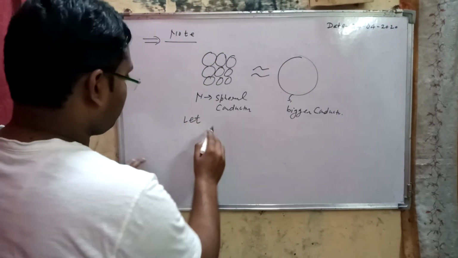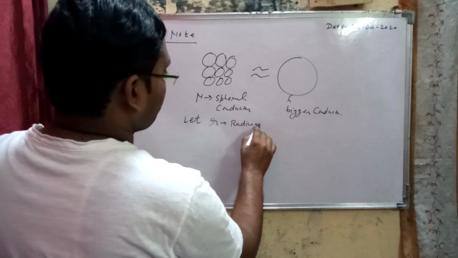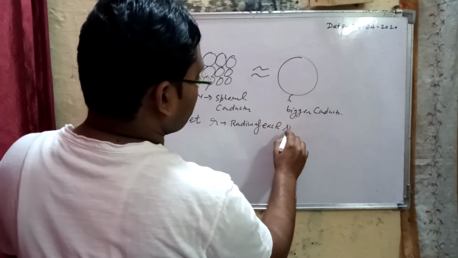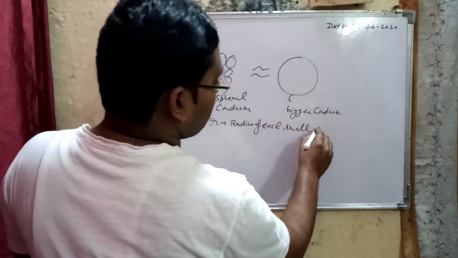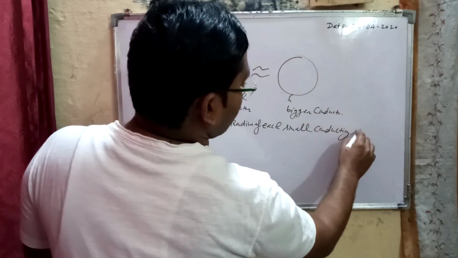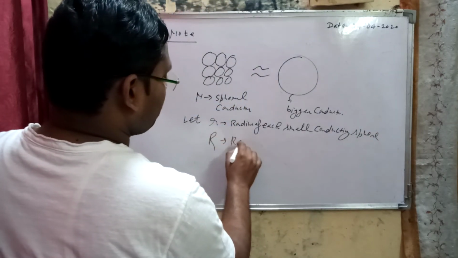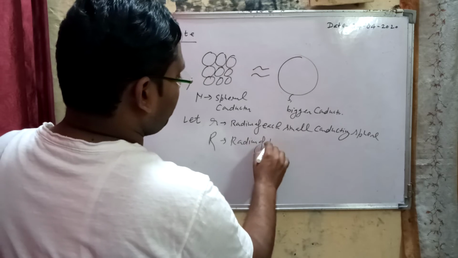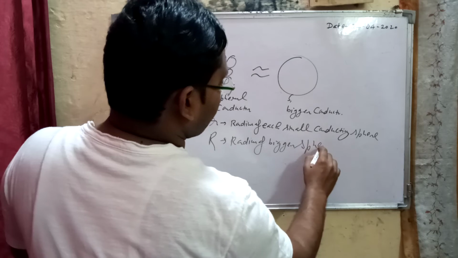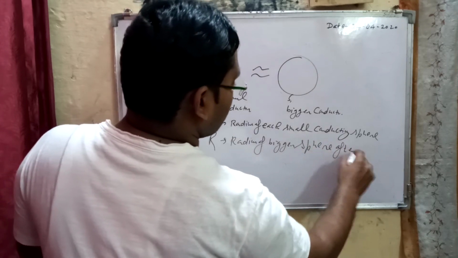Let small r be the radius of each small conducting sphere, and capital R is the radius of the bigger sphere after combination.